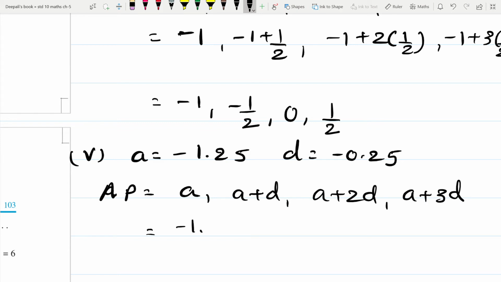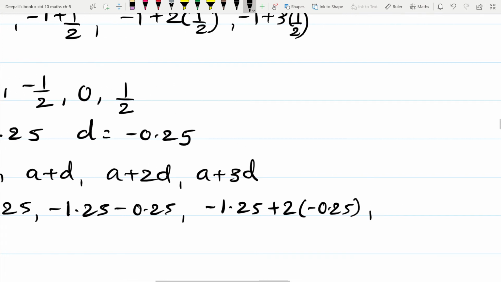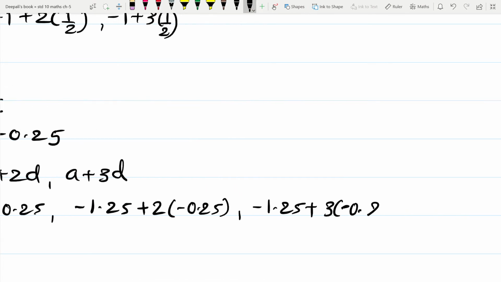So minus 1.25, minus 1.25 minus 0.25, minus 1.25 plus 2 into minus 0.25, minus 1.25 plus 3 into minus 0.25.